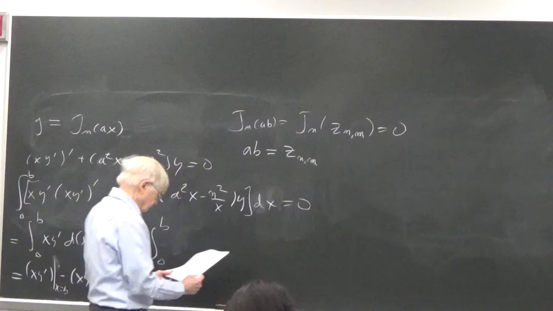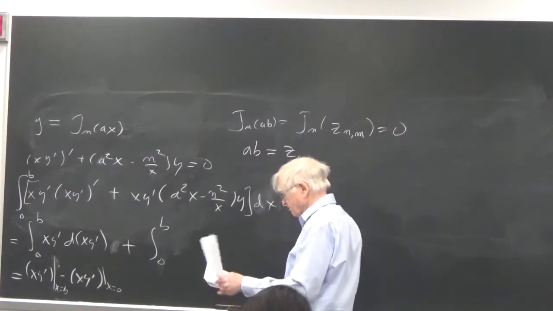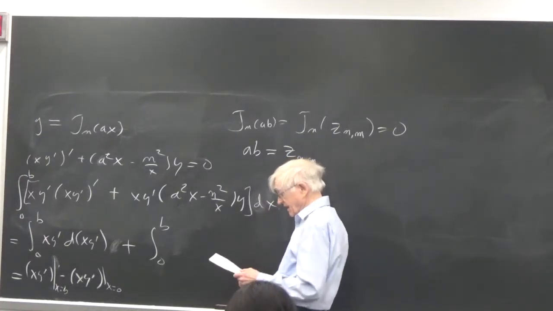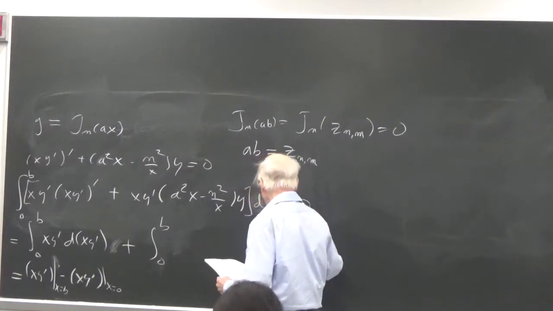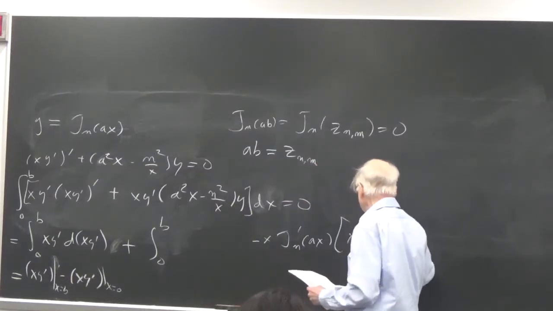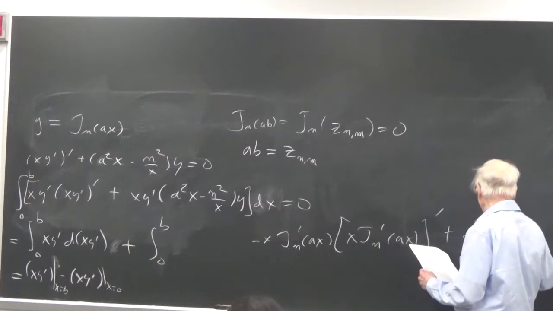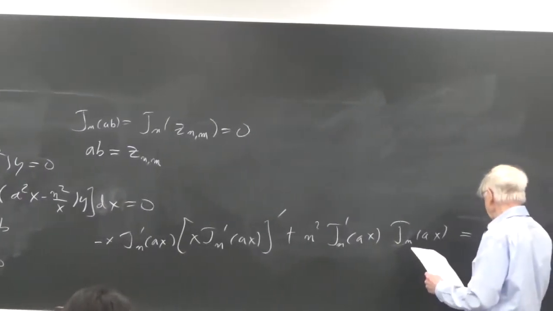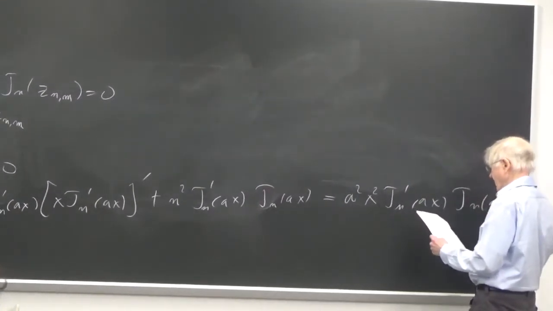And so what we do is we take Bessel's equation over there, multiply it by x Jn prime of ax, and so this equation in terms of the Jn's is minus x Jn prime of ax times x Jn prime of ax prime plus n squared Jn prime of ax Jn of ax, and then we have that equal to a squared x squared Jn prime of ax Jn of ax.